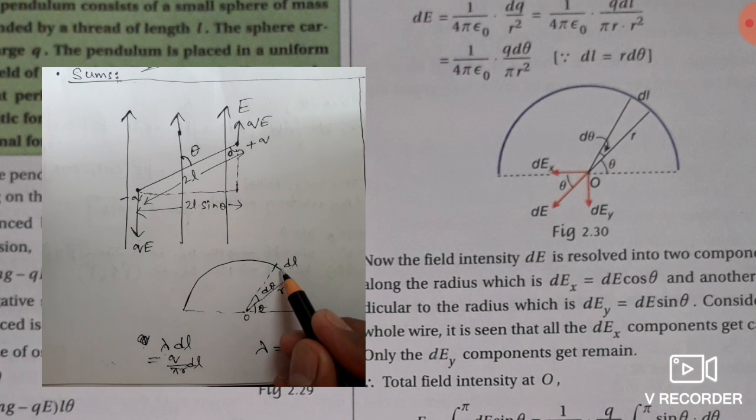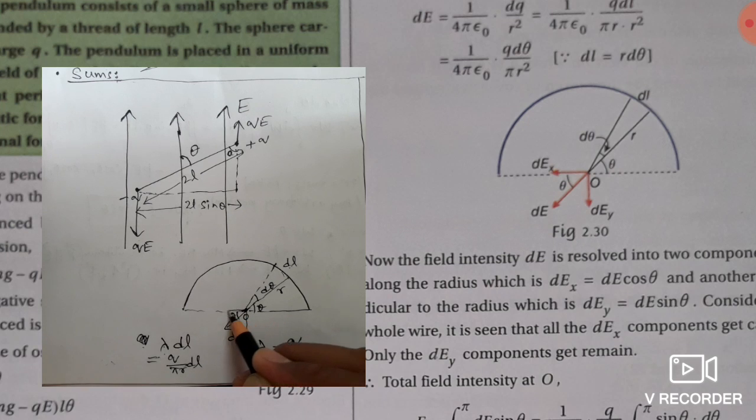Now we can see that the electric field due to the charge on this element dl is dE, which is at an angle theta. So there are two components, in this direction and in this direction. This is dE cos theta along the x axis, and this is dE sin theta along the y axis.